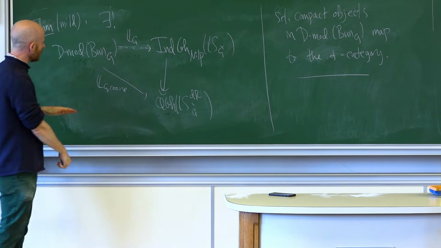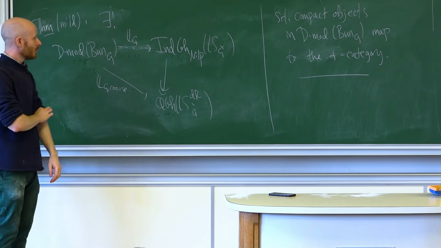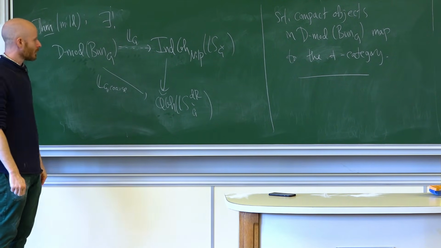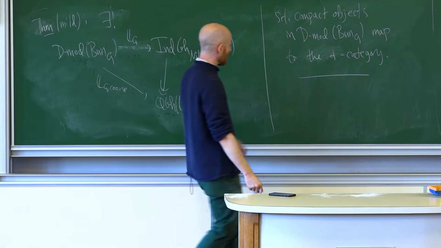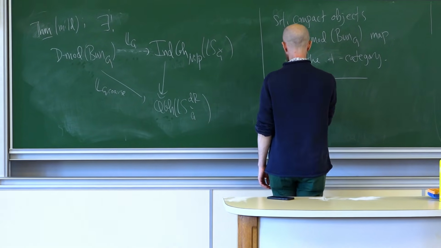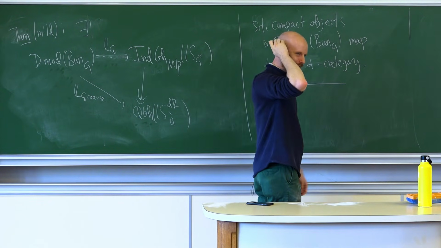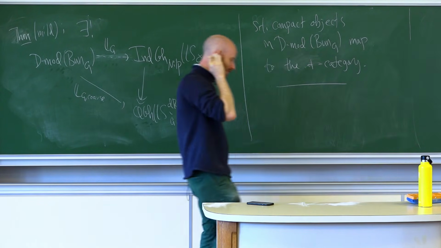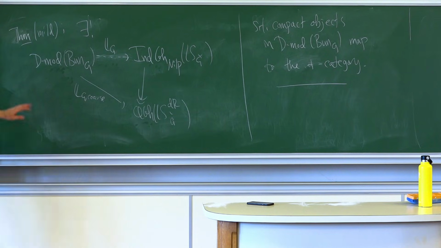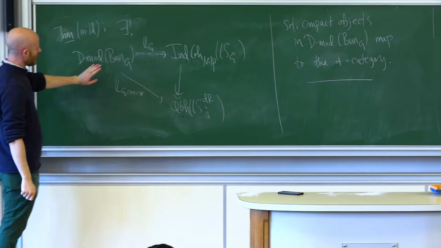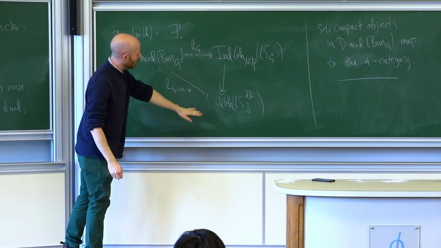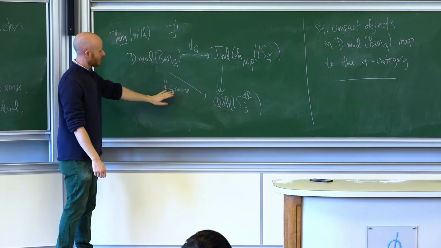So in other words, my argument... okay, there were two things. One was that if you think about geometric Langlands as an equivalence on small objects, then we're done just with this LG course.